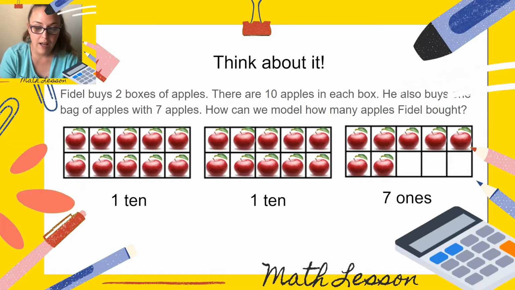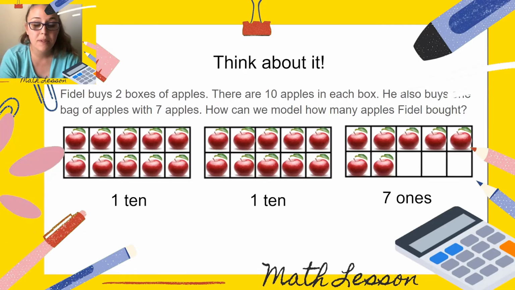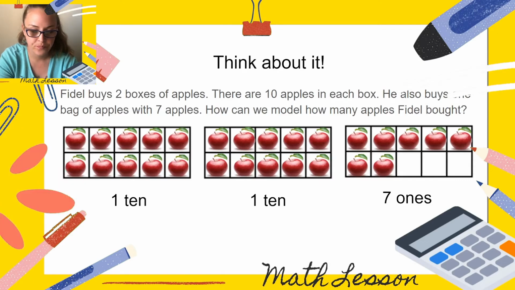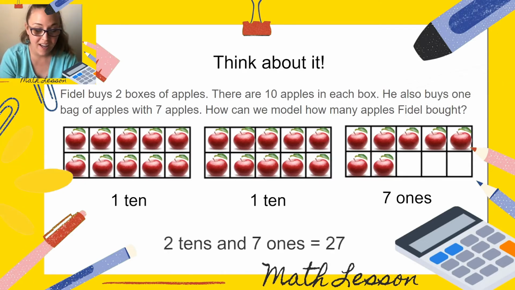So we can model how many apples Fidel bought by placing them into 10 frames. Can you tell me how many apples Fidel bought in total? How many did he buy? That's right, he bought 2 10s and 7 ones worth of apples, and that equals 27. Great job!